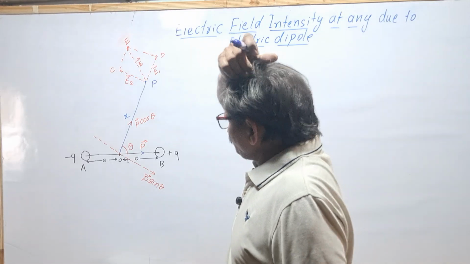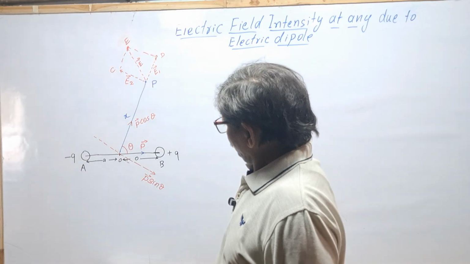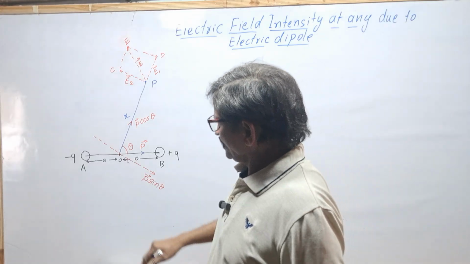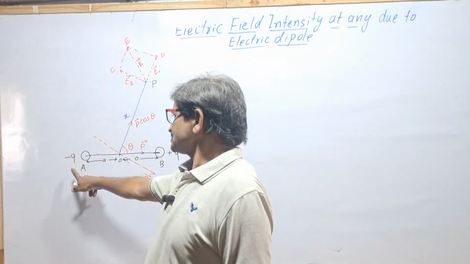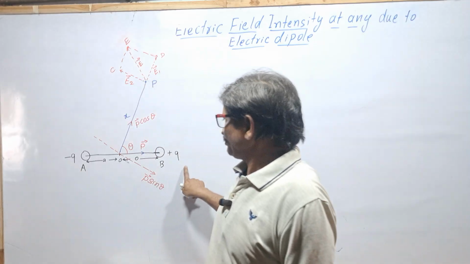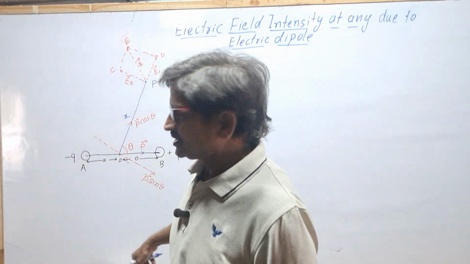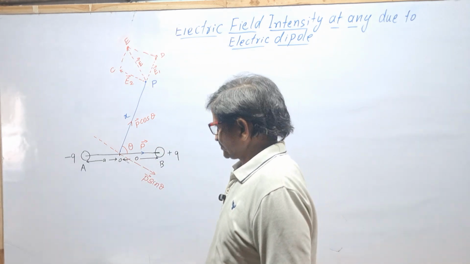See here in the figure I drew whatever we need to derive this equation. Here A and B is a dipole of charge negative q and positive q. They are opposite in polarity but the same in magnitude.